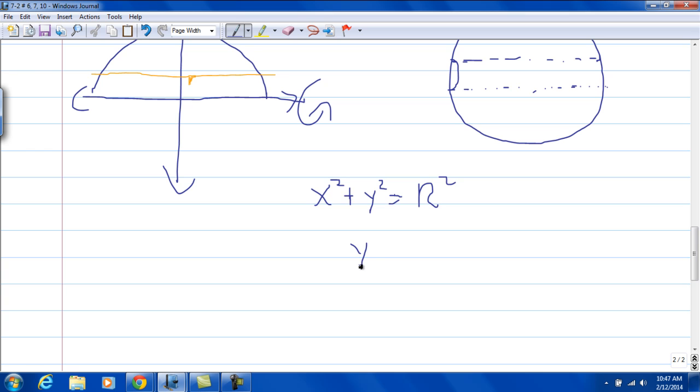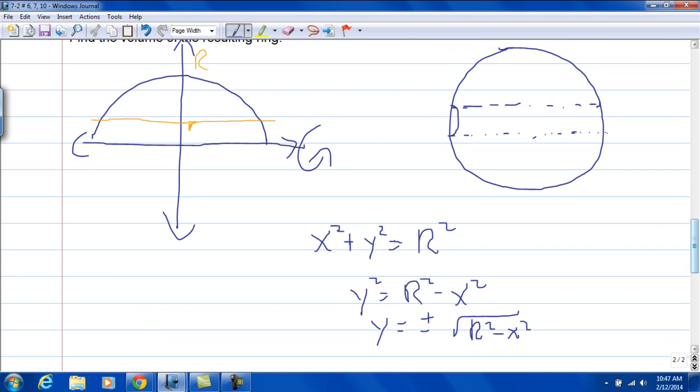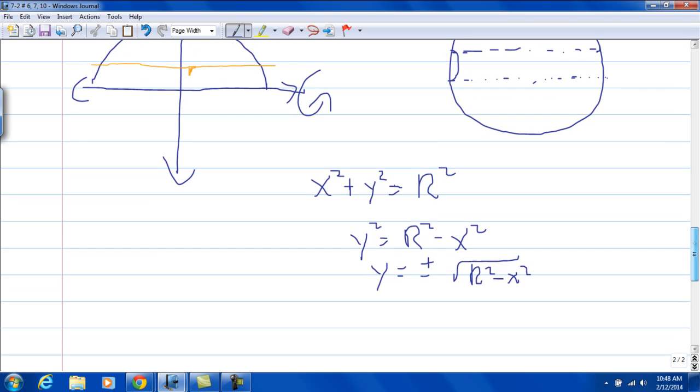We'd have y squared equals capital R squared minus x squared, and then y would be plus or minus the square root of capital R squared minus x squared. And the point I want to make is, there's a plus or minus, so if you drew the whole circle, it's not going to be one-to-one, so it's not going to be a function. However, all we're concerned about is the upper half, and that's what's going to rotate about the x-axis.